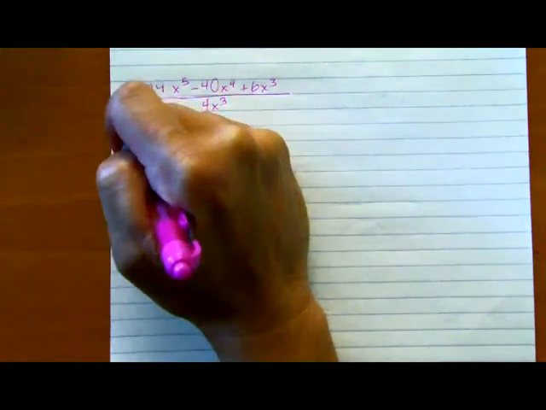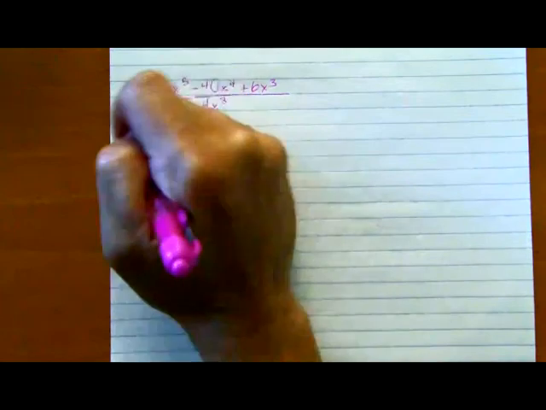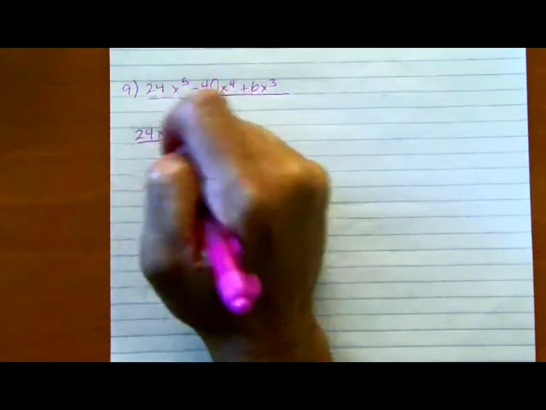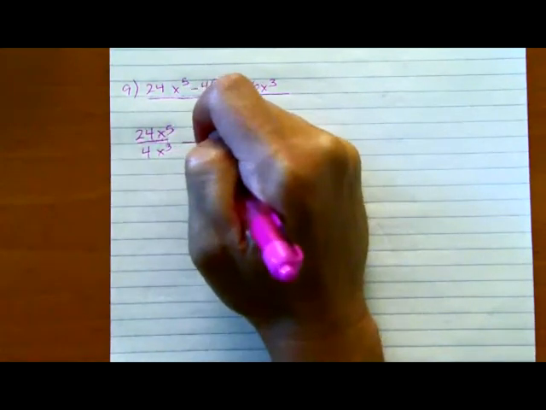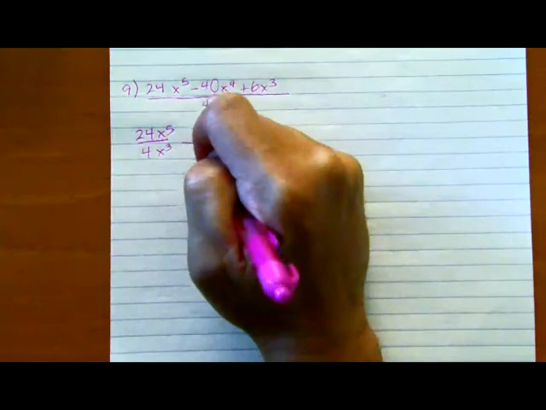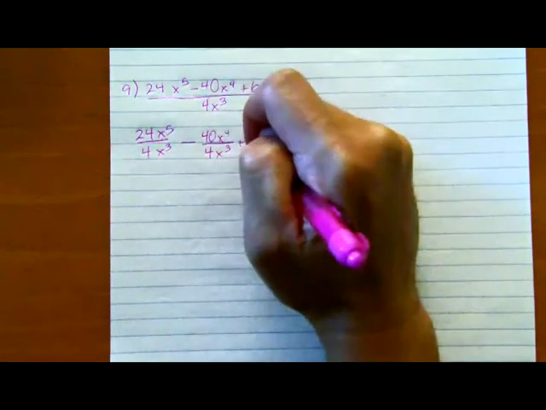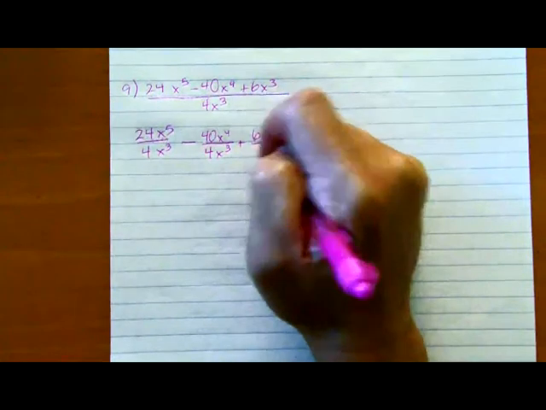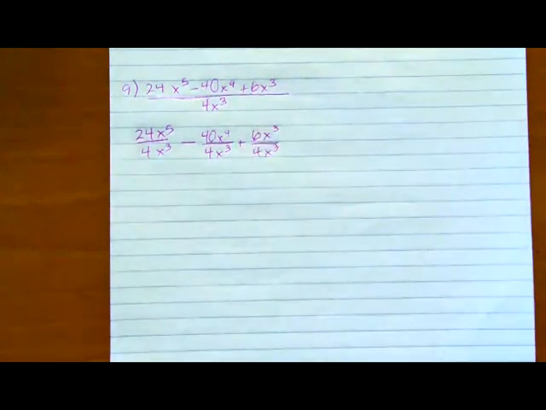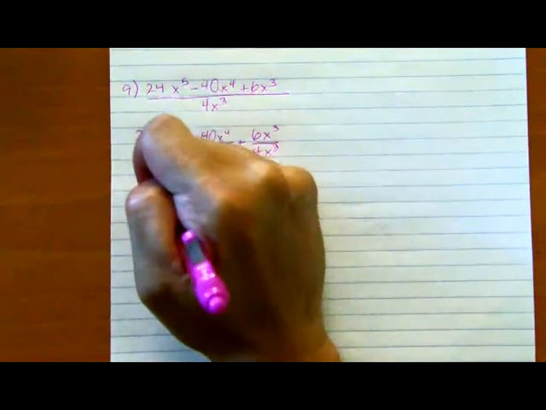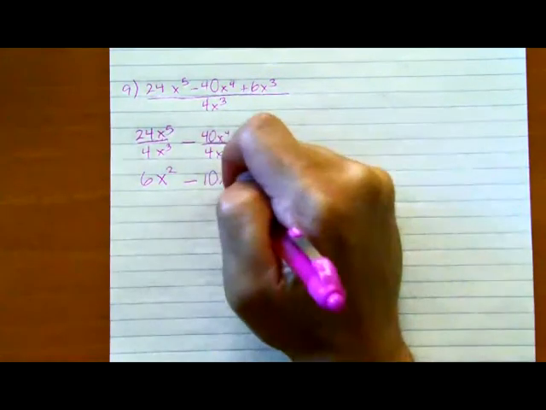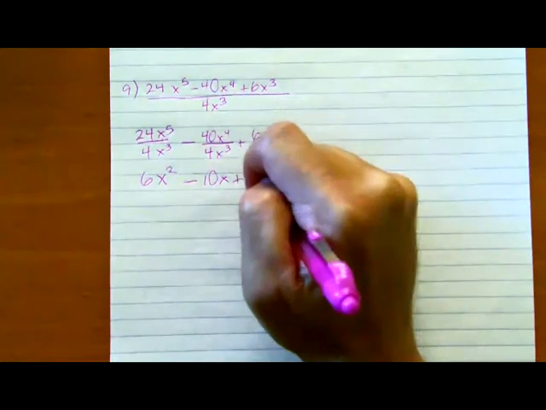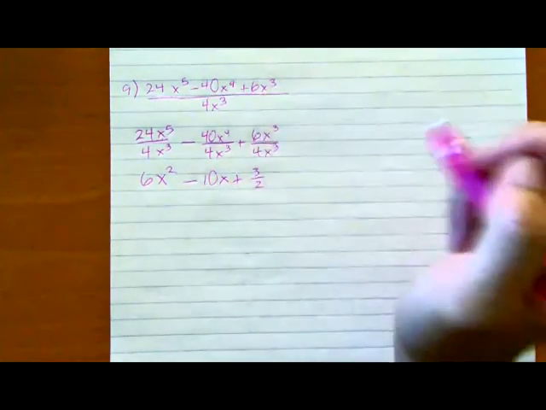We'll separate them. 24x to the fifth divided by 4x to the third minus 40x to the fourth divided by 4x to the third plus 6x to the third divided by 4x to the third. Okay, just gotta simplify the fraction. 6x to the second minus 10x plus 3 halves. Yeah, the x's cancel. 6 over 4 simplifies to 3 halves.